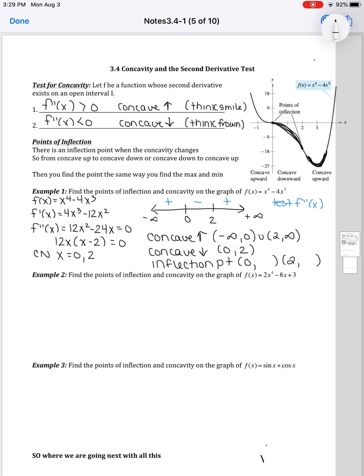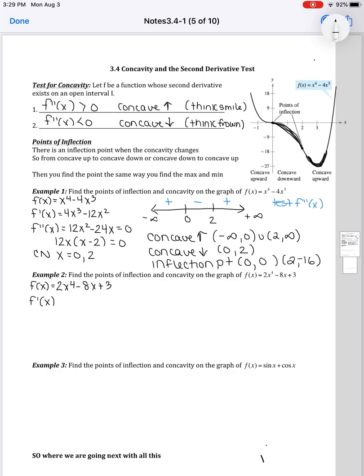So there's a sign change that occurs at 0, and there is also a sign change that occurs at the 2. So 0 goes back into the original, so you get 0, and 2 goes back into the original, and you get negative 16. So just like with first derivative, when you test, they go into the derivative you're focusing on. When you're finding points, you go back to the original function.